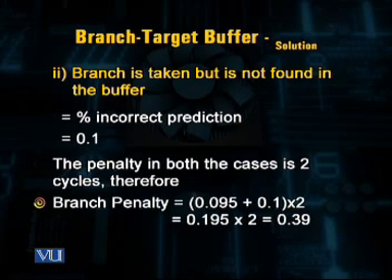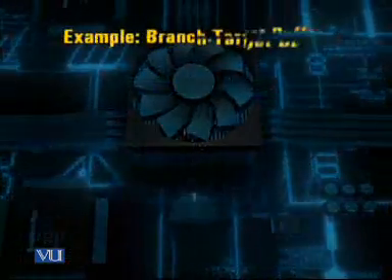So this value is equal to 0.095 plus 0.1, which is equal to 0.195, multiplied by 2, and it results in a value which is equal to 0.39. So this shows that the branch target buffer gives us good performance if it is predicted correctly.